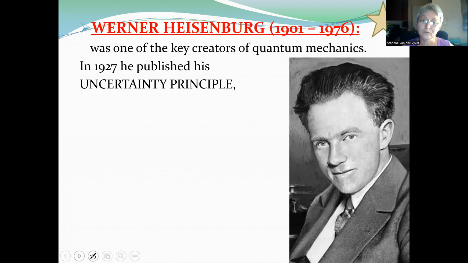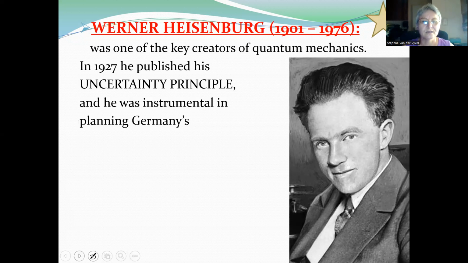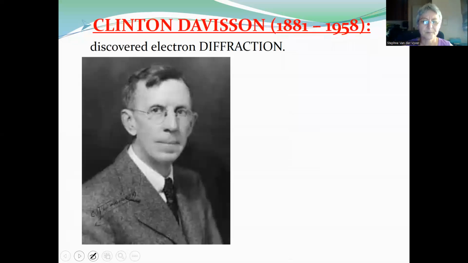And if you know how fast it is going, you wouldn't know where it is. That is called the uncertainty principle. He was also instrumental in planning Germany's nuclear reactor in 1957. So I guess that would be one of the earlier nuclear reactors for generating electricity.